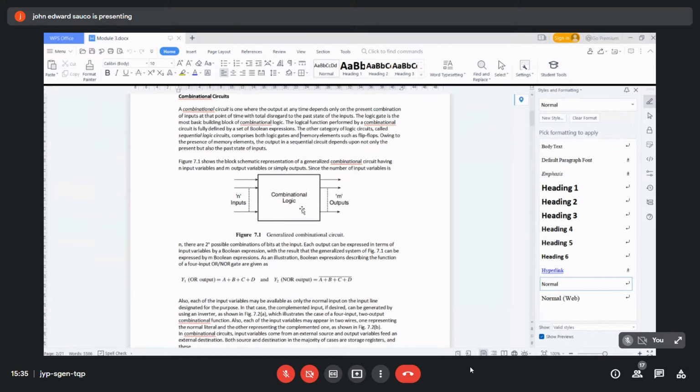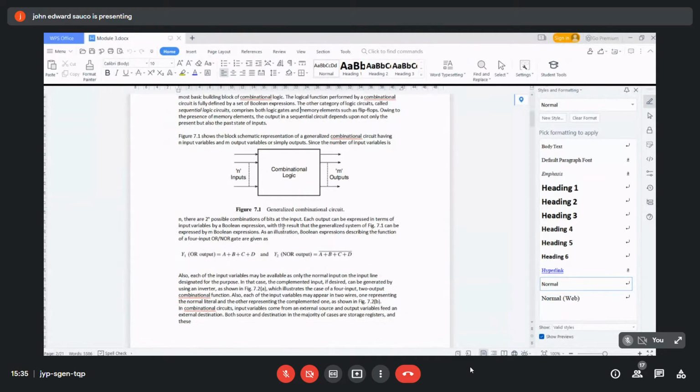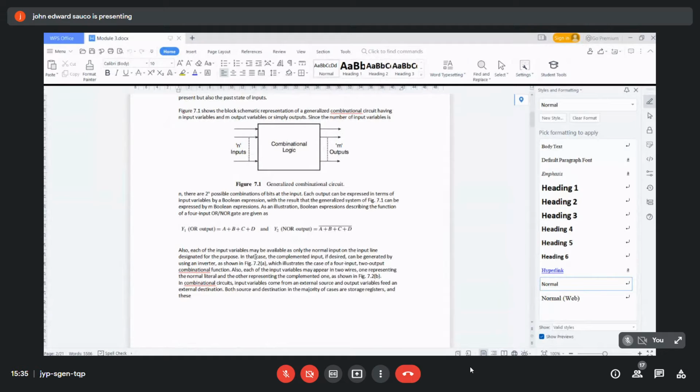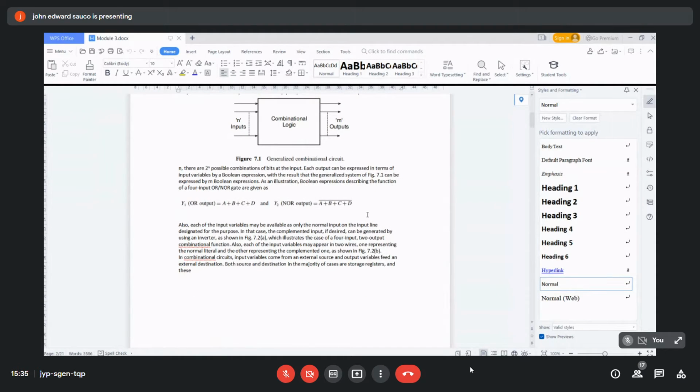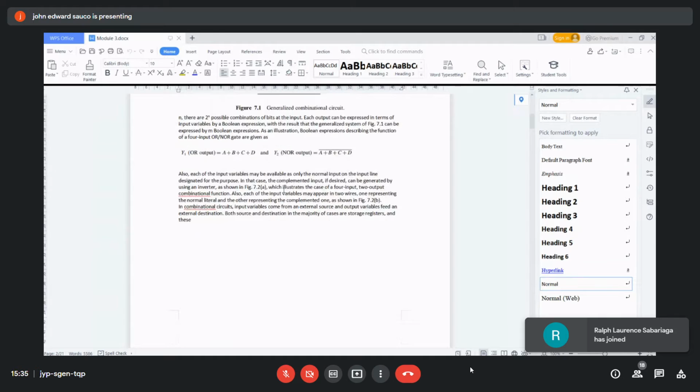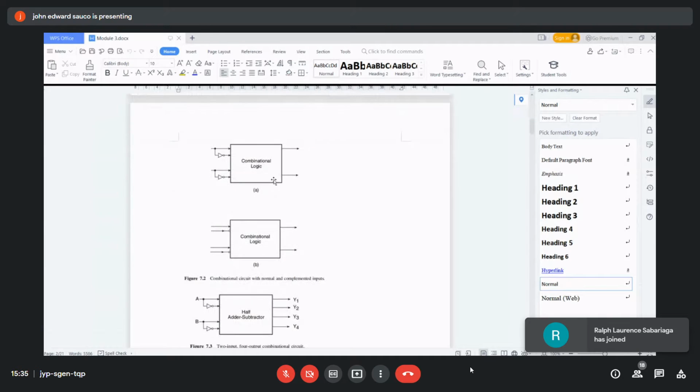So, ito yung generalized combinational circuit na N, combinational logic. So, dito sinasabi lang introduction about sa combinational circuit bilang Boolean expression. So, ito yung combinational circuit na may normal and complemented inputs.